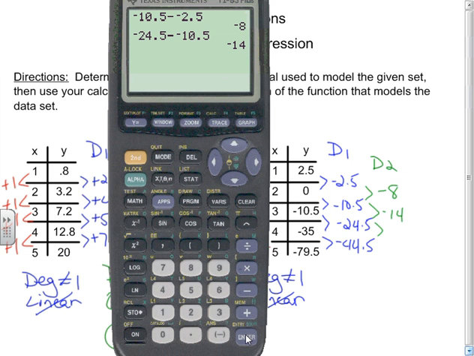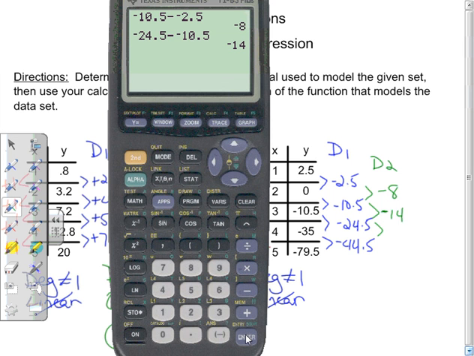Now I already see that this is not a constant set of values in the D2, so I know it's not going to be quadratic, but I do continue. Negative 44.5 minus negative 24.5 gives me a difference of negative 20. I do see a pattern emerging, but let's stay with this fact here: the degree is not equal to 2, and it will not be a quadratic polynomial that models the data set.